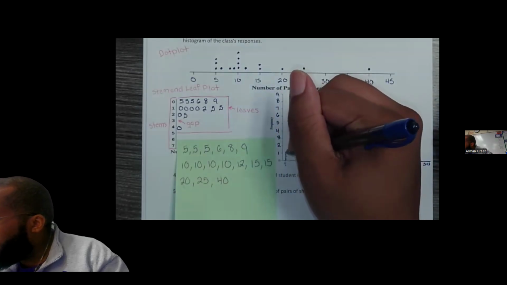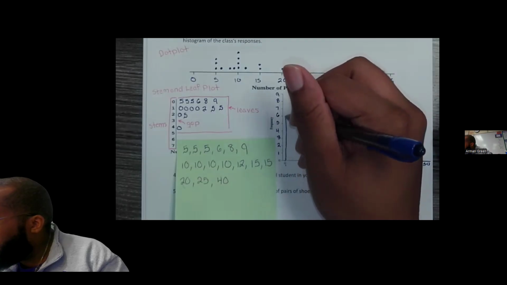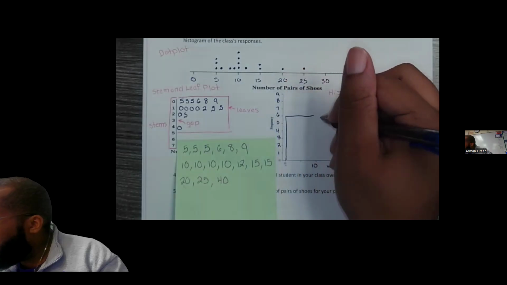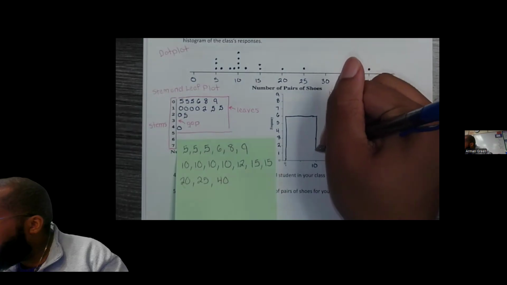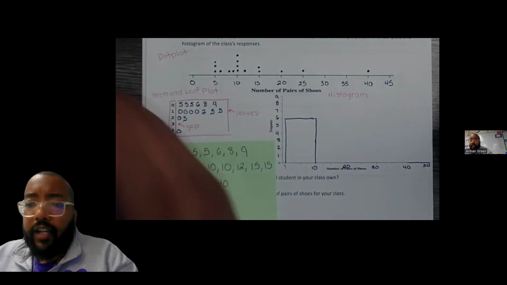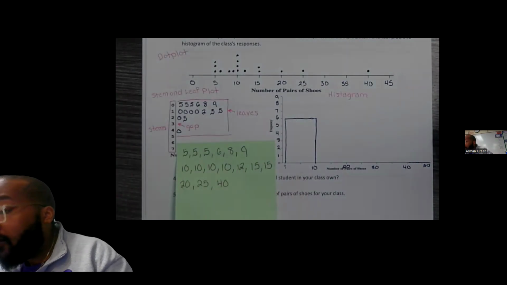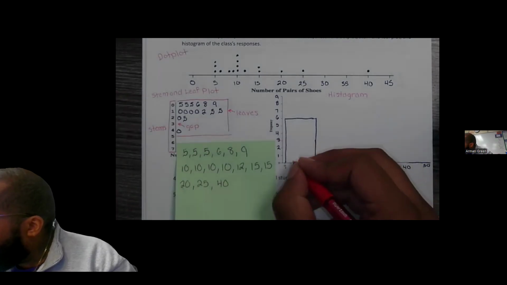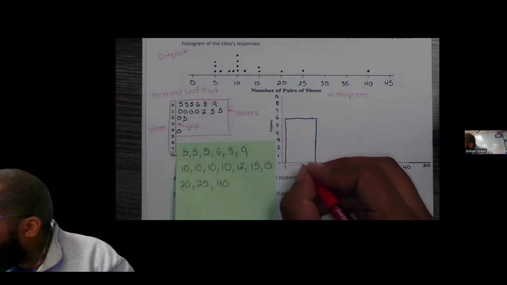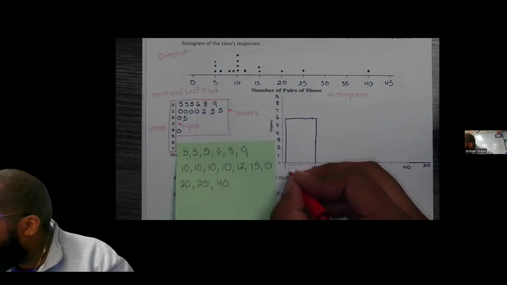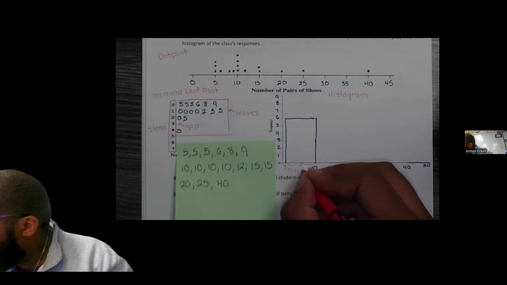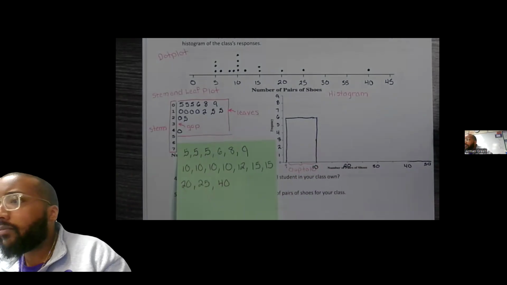So we're going to have this first bar go all the way up to 6. And again, what this represents is the number of data points from 0 up to 10. So we had 6.